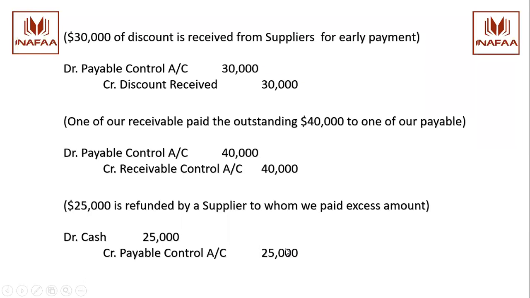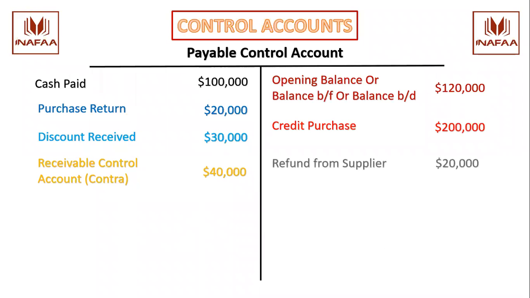This is the point where I had already paid him the twice amount. I had paid him the additional amount, and now he has refunded me 25,000. I will debit cash as an increase in asset, and I will credit payable control account as a decrease in liability. As payable control account is being credited, I will record 25,000 on the credit side.